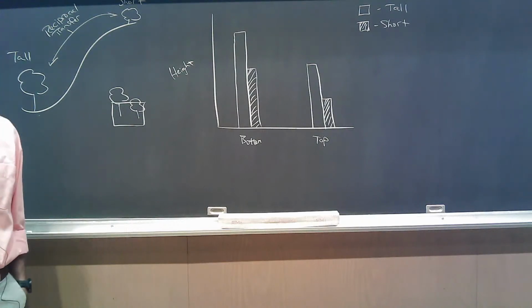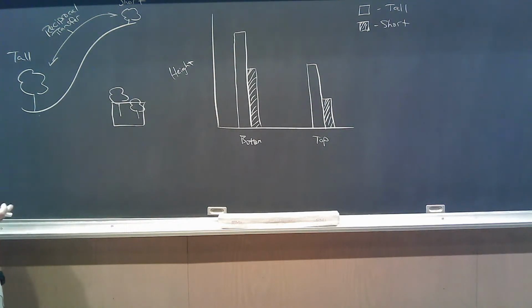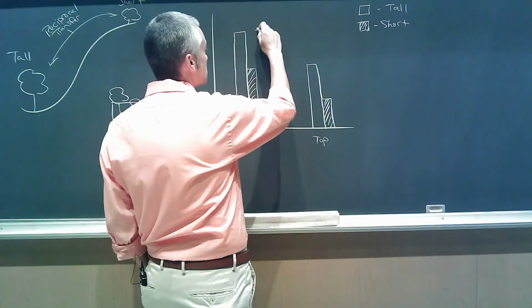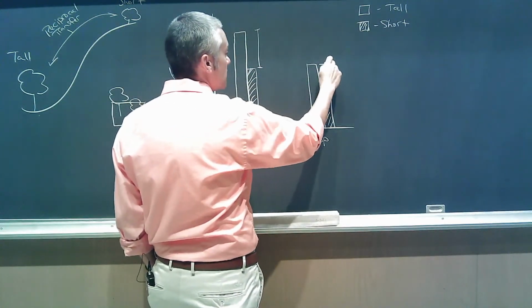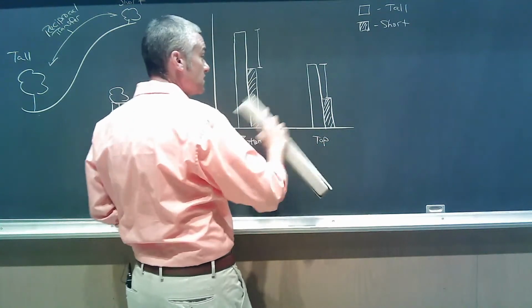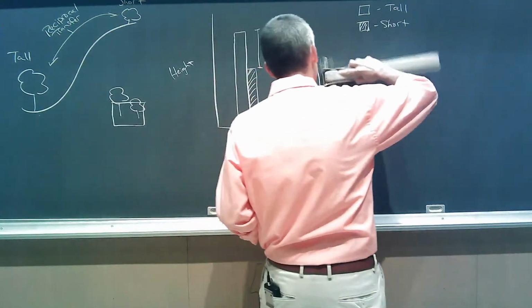All right, so which part of this is due to the genetics, which is due to our phenotypic plasticity? Well, these differences that persisted, let's get that off to the side a little bit.